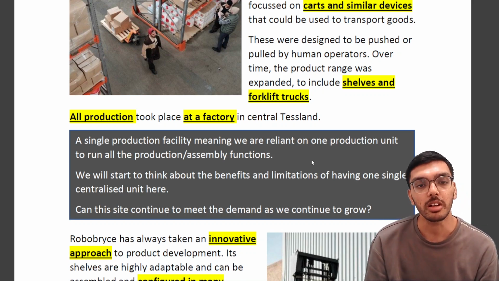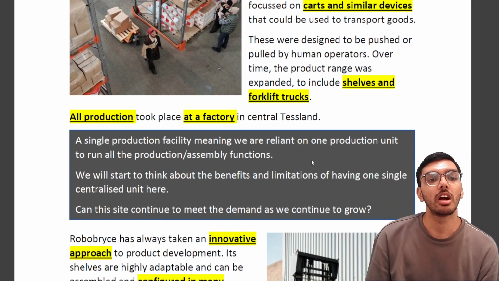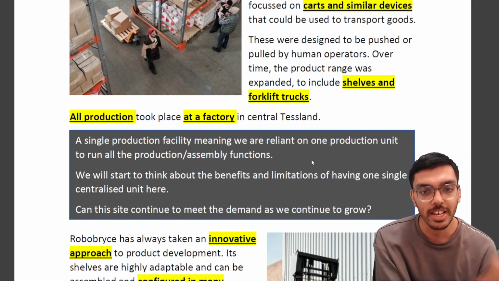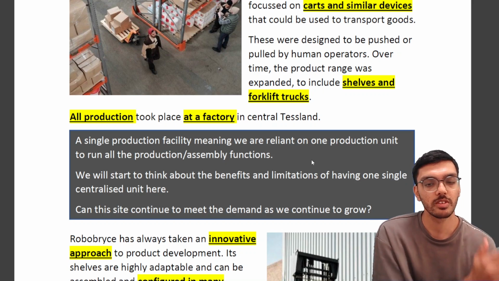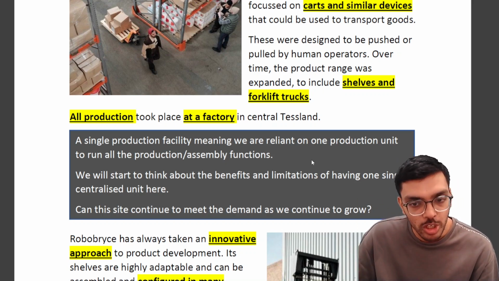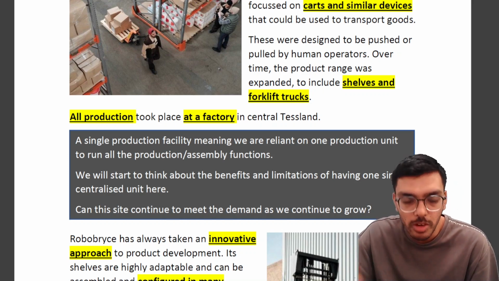Just pause and think. For such a big company, is it absolutely advantageous to have one single centralized unit? Pause this video. Think benefits and limitations. Deeper in the pre-seen, we have new information given to us.